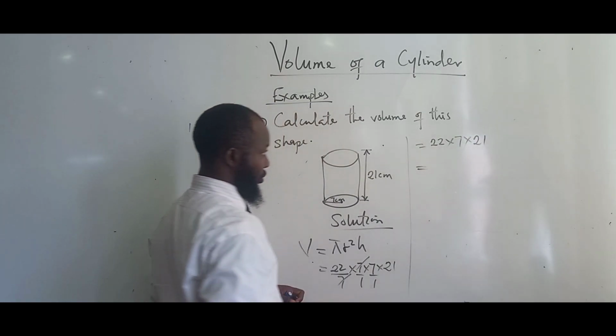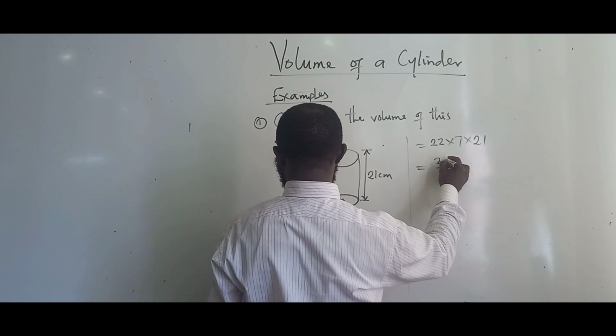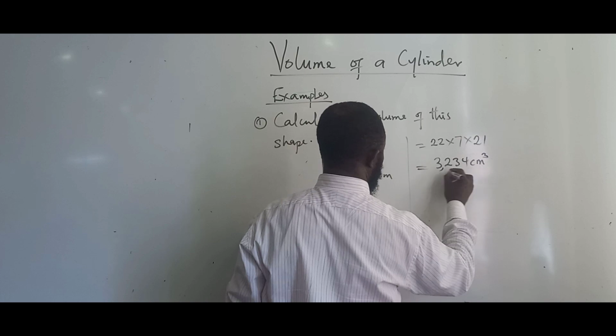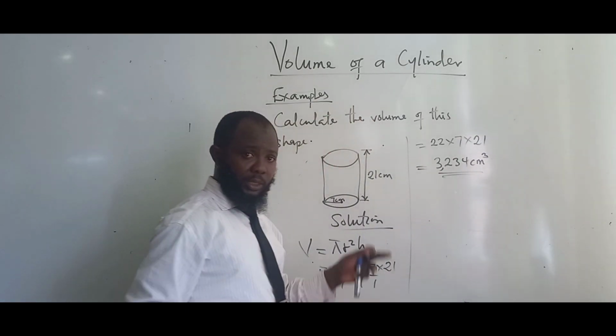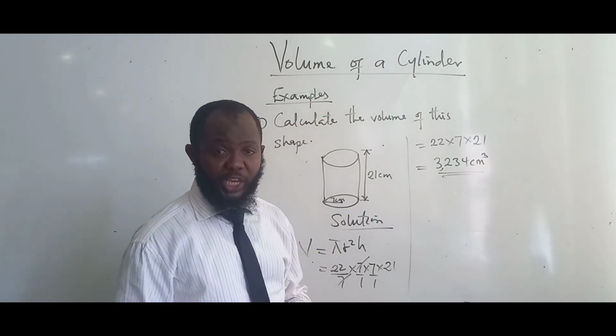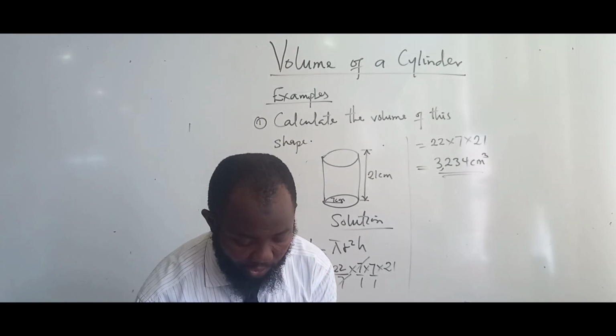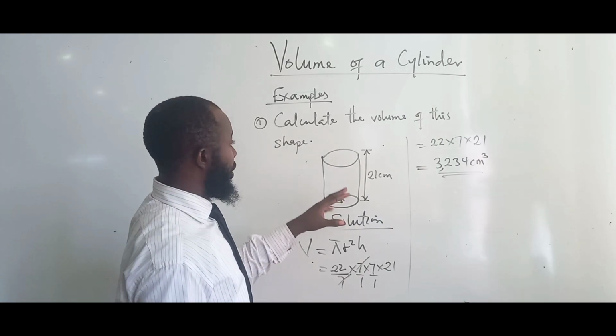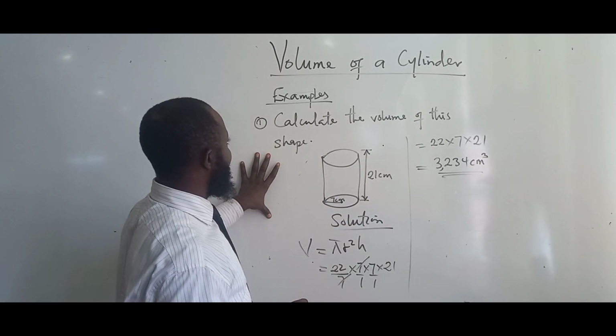When you multiply this together, we get 3,234 centimeters cubed. Don't forget that volumes are measured in cubic units. That is the first example.